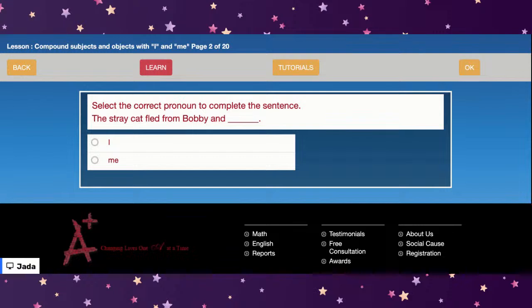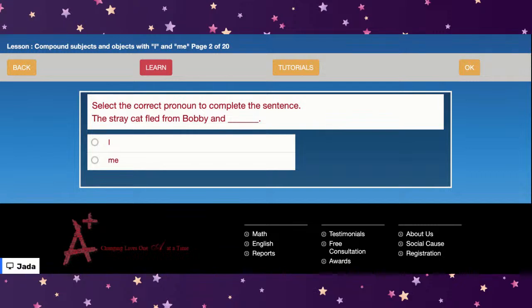The stray cat fled from Bobby and, which one? Is it from Bobby and me, or from Bobby and I? So, what about page 2?